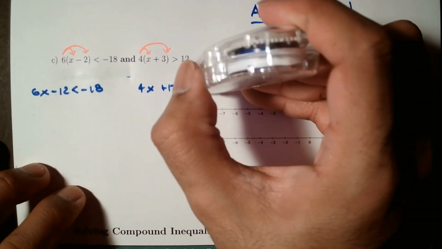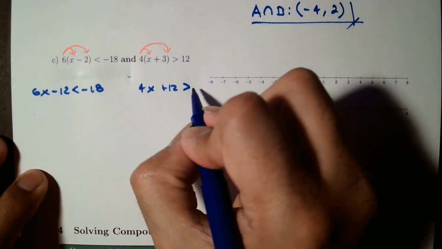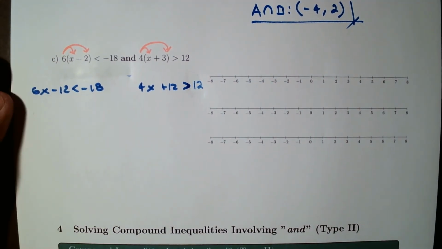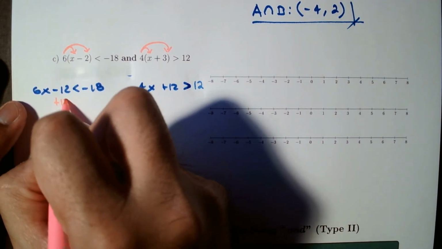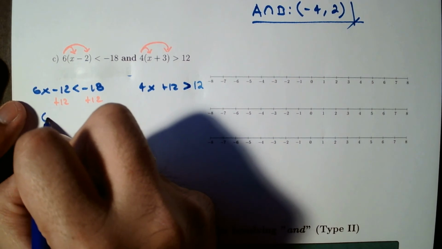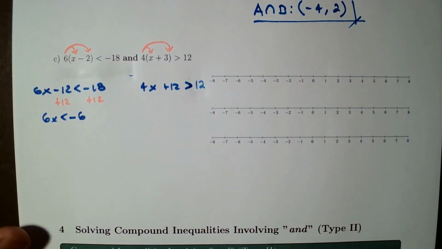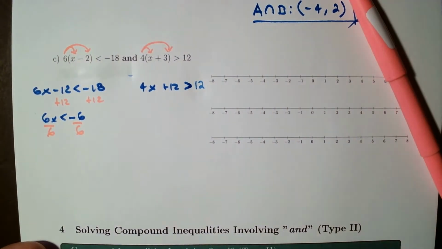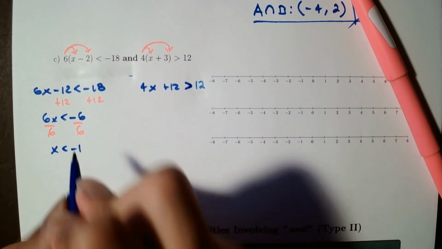That's not looking like a 12. So I need to add 12 to both sides to get 6x less than negative 6. And then divide both sides by 6 to get x less than negative 1.